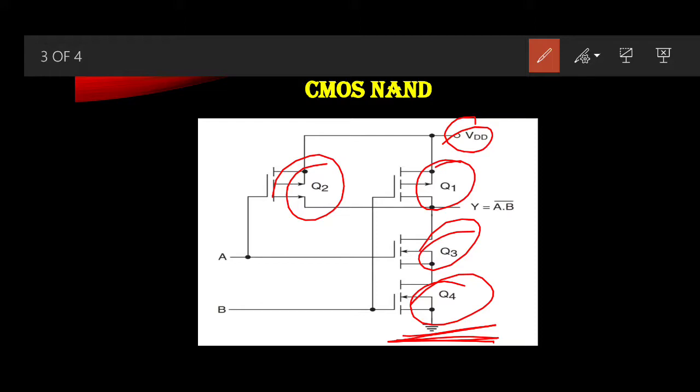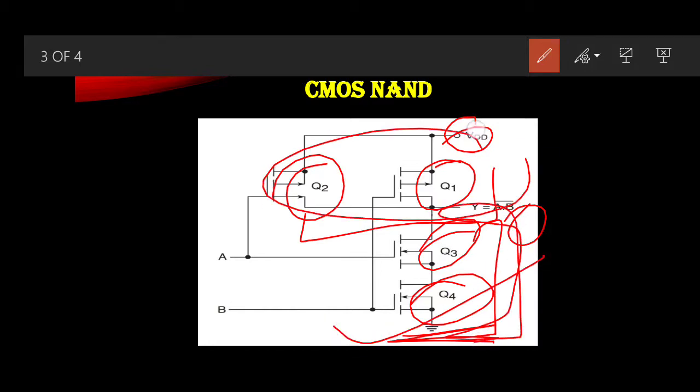As I've told you, if we want the output to be logic 0, then both the series connected N channel MOSFETs should be in the conductive mode, and the P channel MOSFETs should be in the cutoff state. Only then is it possible when both the inputs are in the logic 1 state. So this verifies one of the entries of the NAND gate truth table.